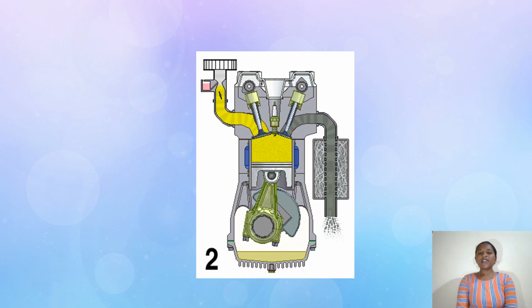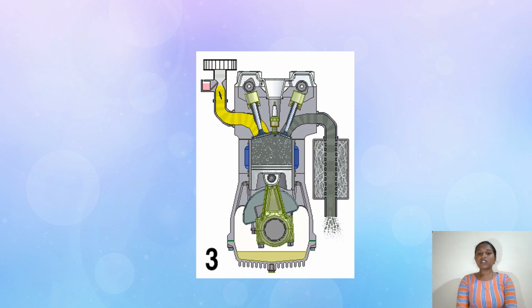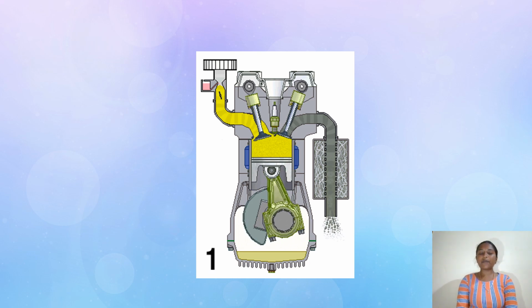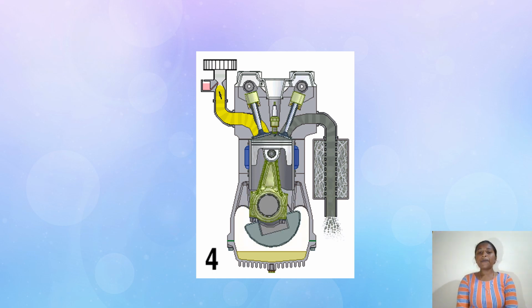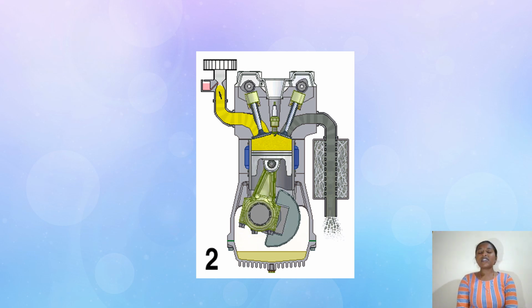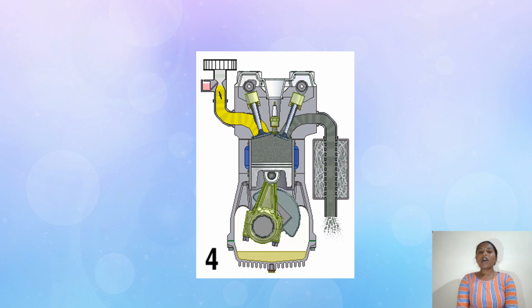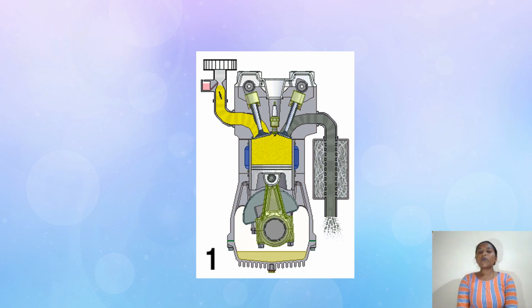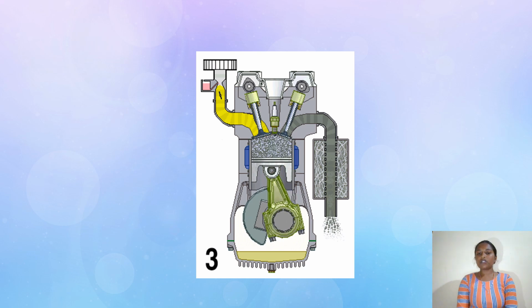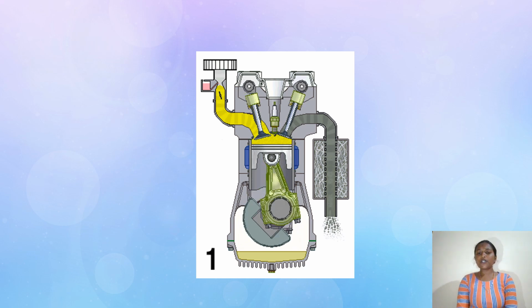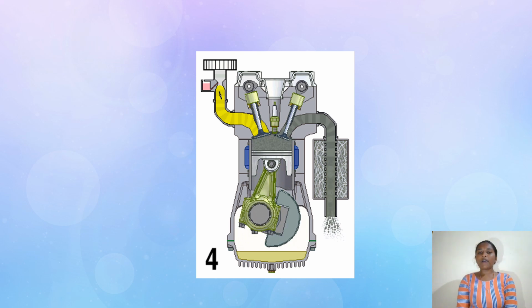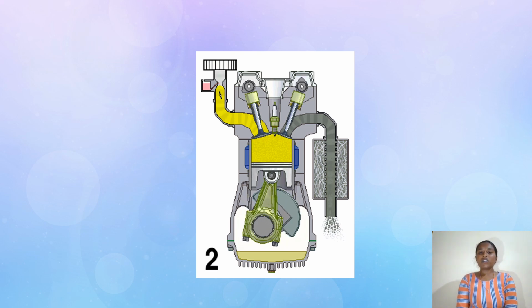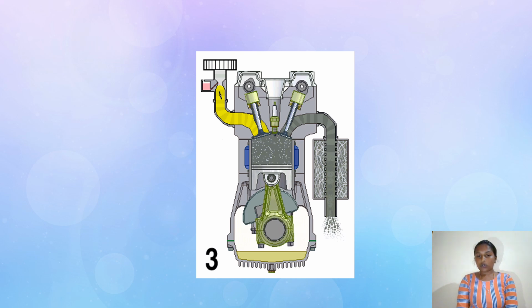And next will be the third stroke, which is known as the expansion stroke or the power stroke. During this stroke, the air is expanded and the crankshaft creates the rotary motion, and due to the rotary motion, the fourth stroke will be coming through, which is the exhaust stroke.